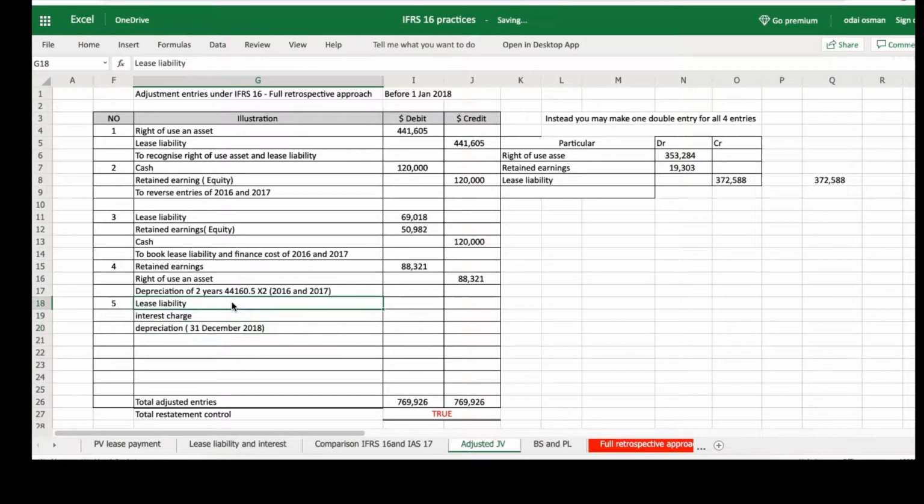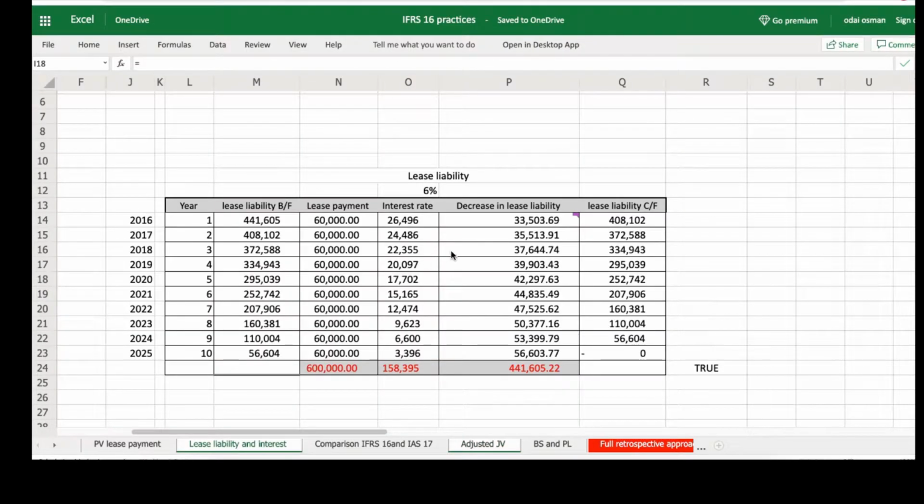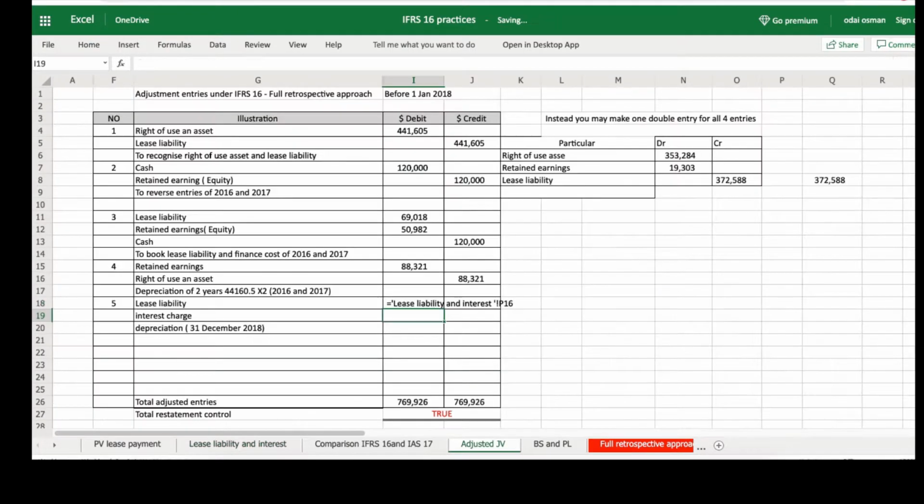So we do have the lease liability. How much is the lease liability for 2018? We have the lease liability for the third year 2018, lease liability, this amount. And again, we have the interest rate.